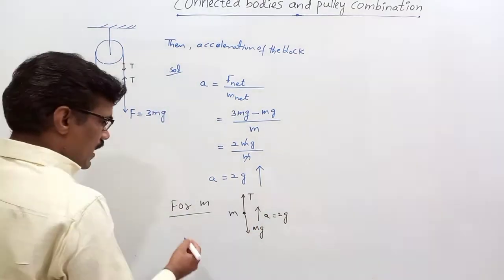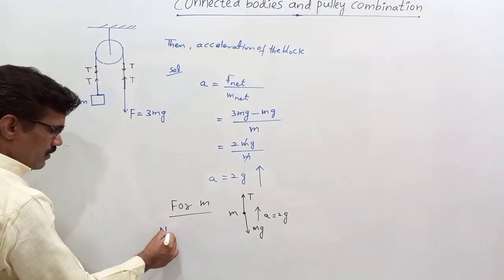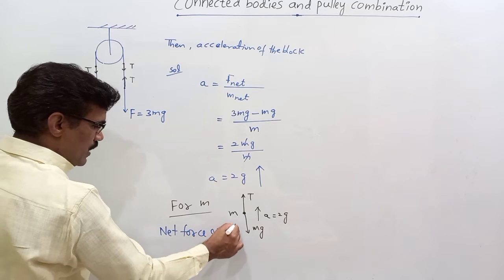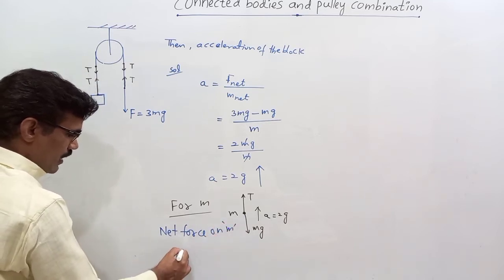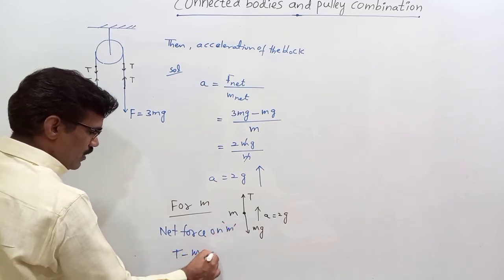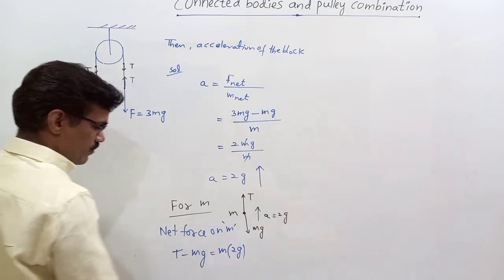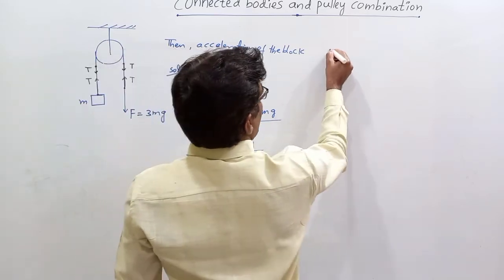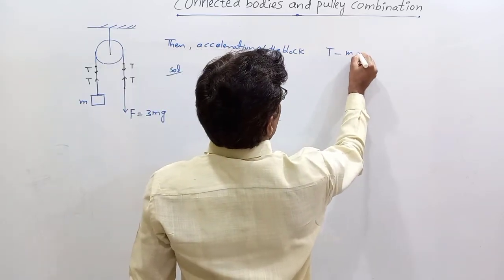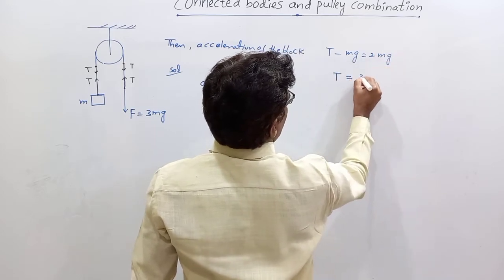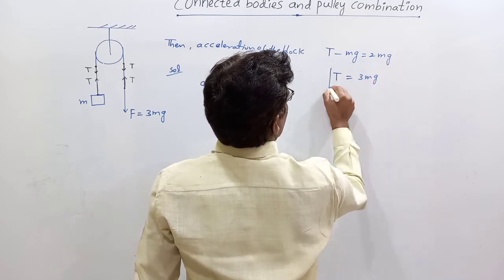Therefore the net force on M is T minus mg equal to M into A. A means 2g. Therefore T minus mg is equal to 2mg. Therefore the tension in the string equals 3mg.